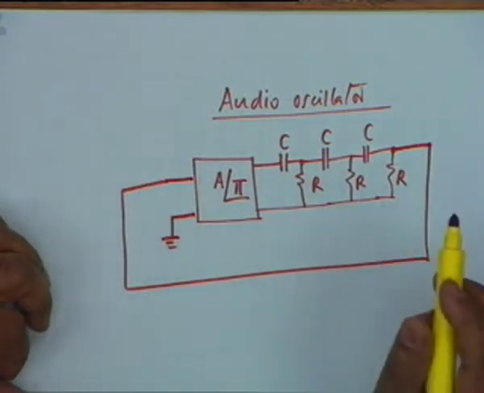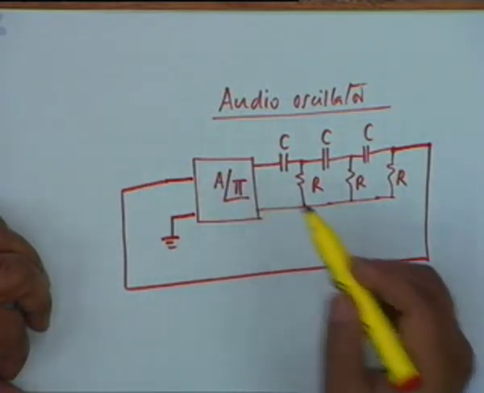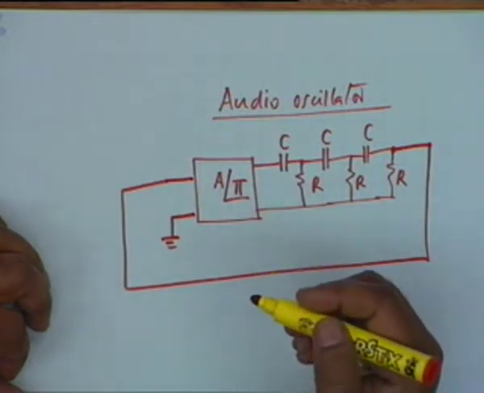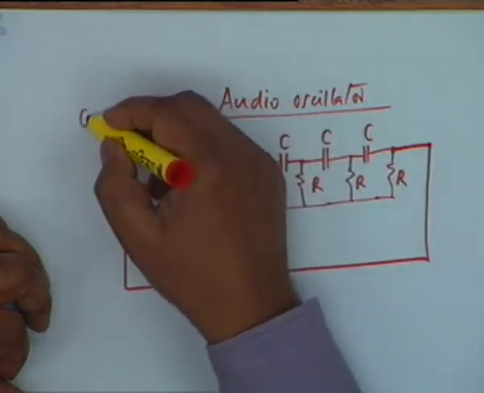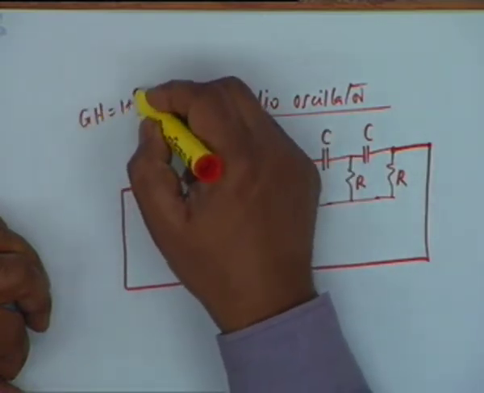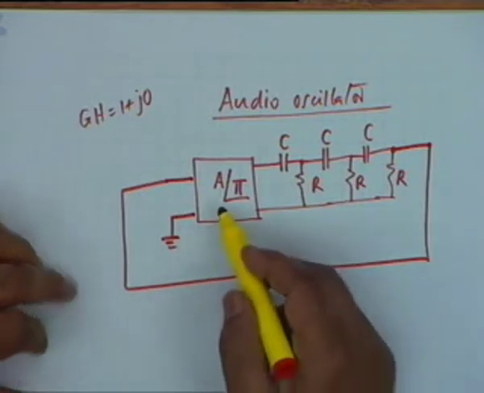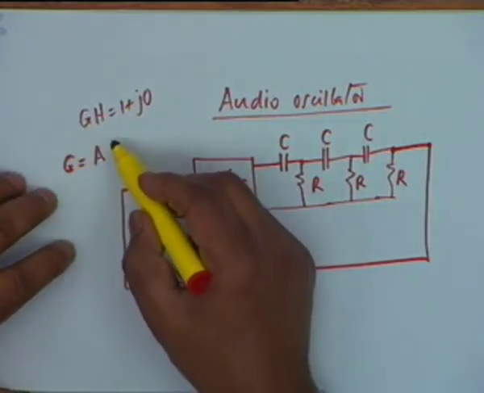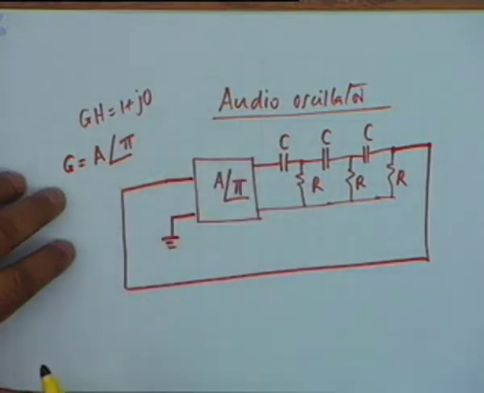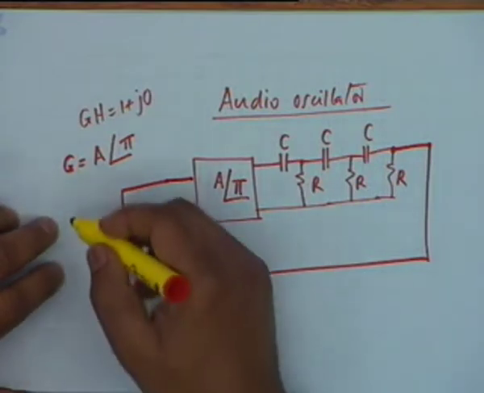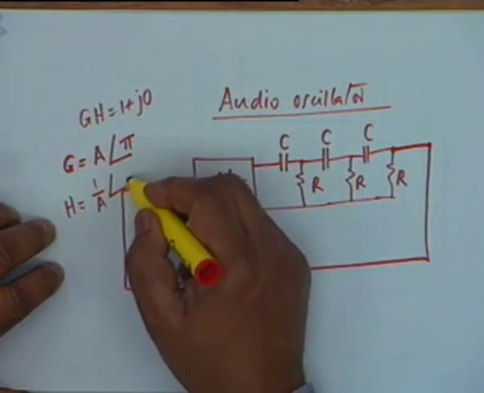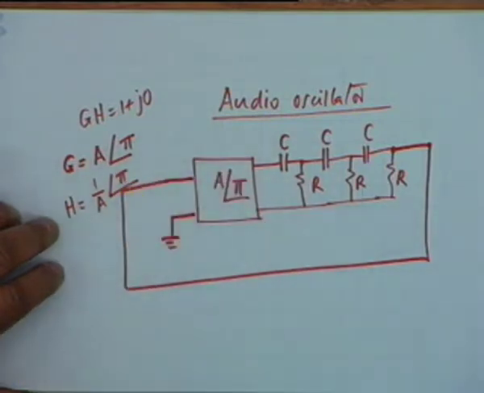Now, the reason is the following. We have assumed that this amplifier has a gain A and a phase shift of pi, and therefore, if you want GH equal to 1 plus j0, G is obviously A angle pi. What do you require H to be? H must be equal to 1 by A and angle pi.